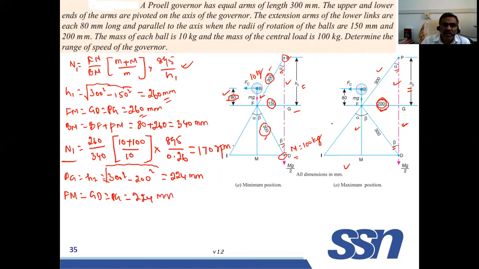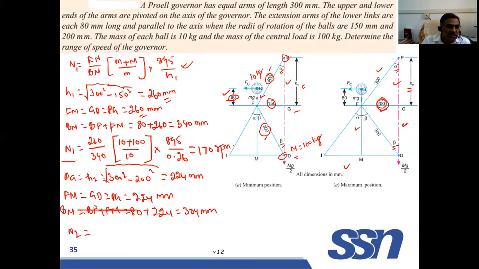Now the distance BM is equal to BF plus Fm, that is equal to 80 plus 224. How much is it? 304 millimeters.